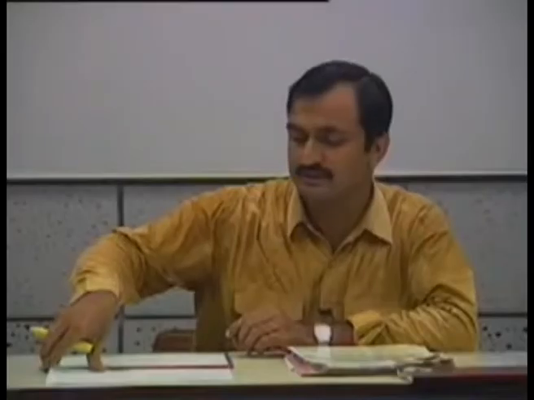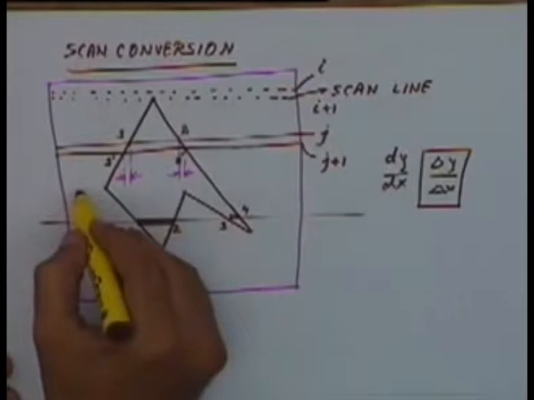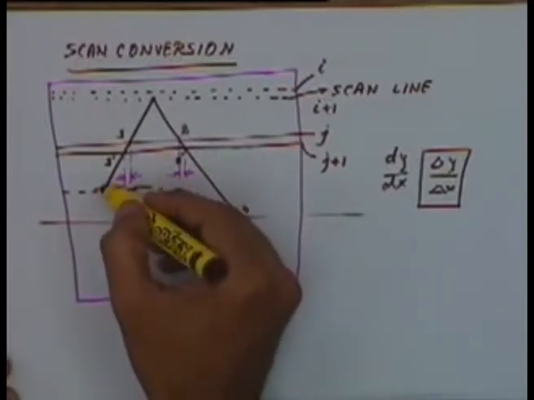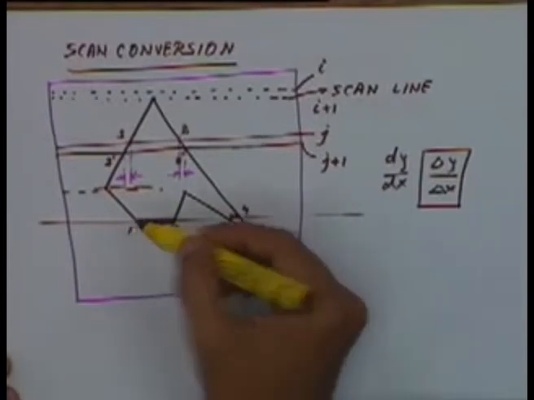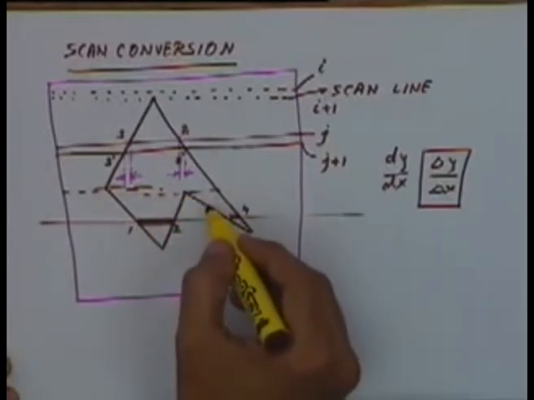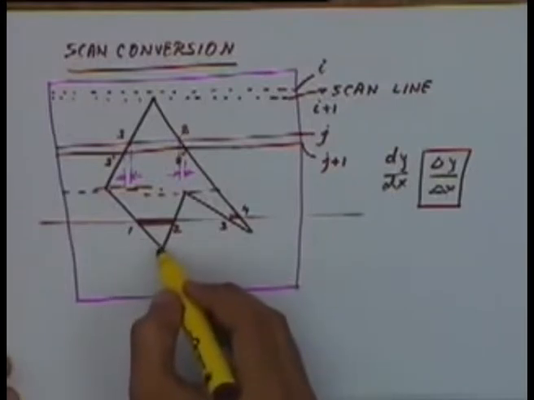There are two kinds of things which can happen. For instance, here two edges will start at this point, one edge is coming to an end and a second edge is starting. Similarly, here two edges would start. At this point, two edges will come to an end.